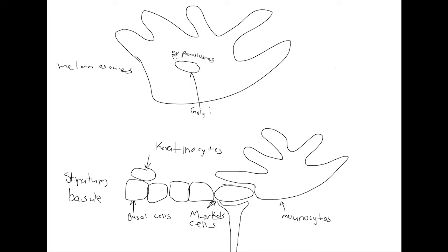And something is going to occur in these pre-melanosomes that I want to talk about. So let's draw one pre-melanosome. Or actually, let's just draw one melanosome. So this is a melanosome right here. Okay? Yeah. And it's actually going to have a process occurring in it.